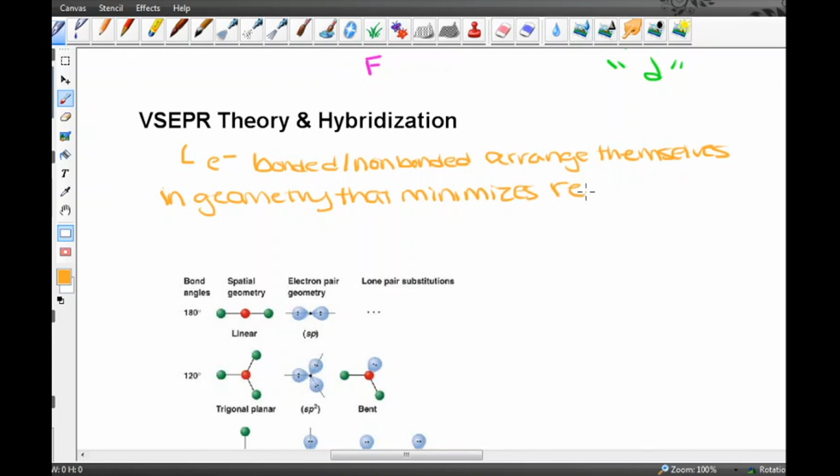In other words, they want to be as far away from each other as possible. Remember in class when I blew up all those balloons and tied them all together and you saw those balloons arranging themselves into shapes that pushed the balloons as far away from each other as they could? That's what's happening.